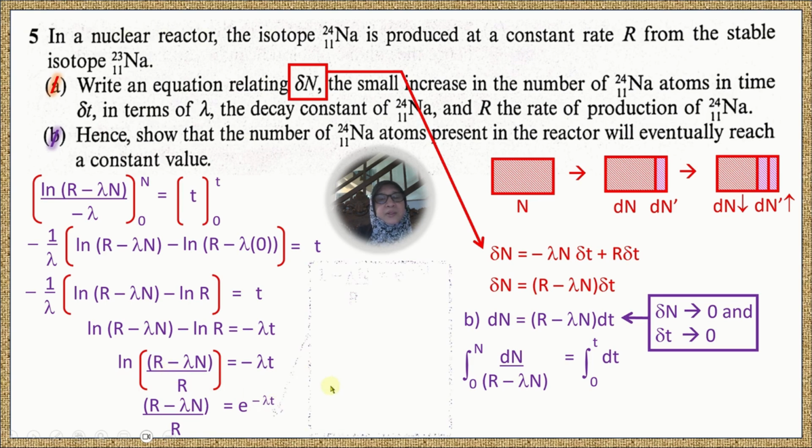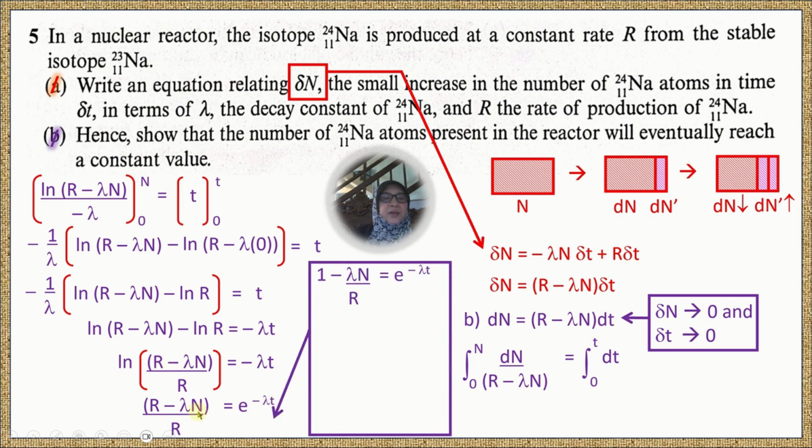Okay, so now we continue to simplify this. 1 minus lambda n over r. R over r is 1, so minus lambda n over r, and lambda n over r brought to the right side becomes positive, and e to the power of negative lambda t brought to the left side becomes minus. Continue, and we get n. Lambda over r brought to the right side becomes r over lambda.